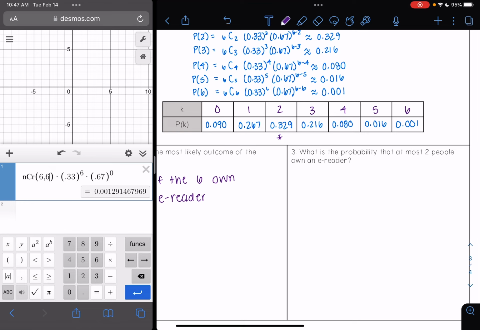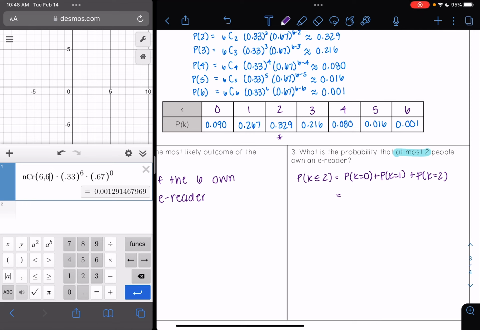And then it says, what is the probability that at most 2 people own an e-reader? So at most means less than or equal to. So we want to find the probability that k is less than or equal to 2. That means the probability that k is equal to 0, or k is equal to 1, or k is equal to 2. So I'm just going to add up all those probabilities.